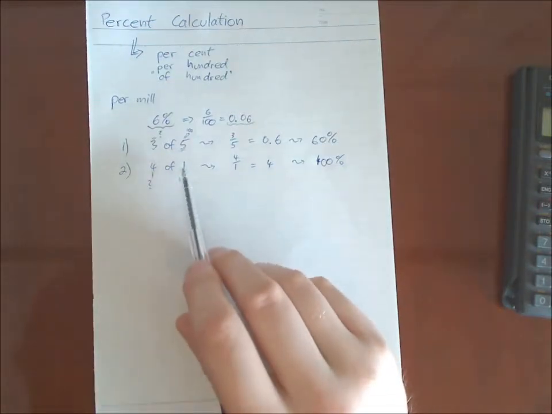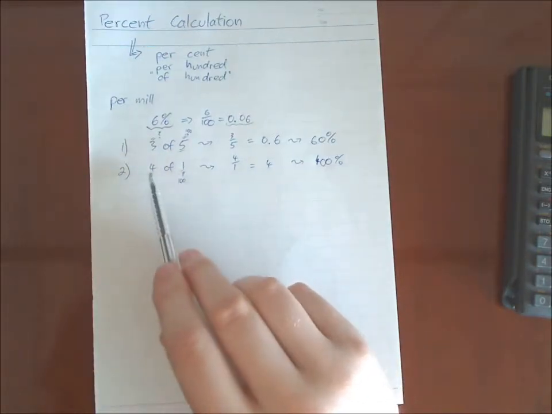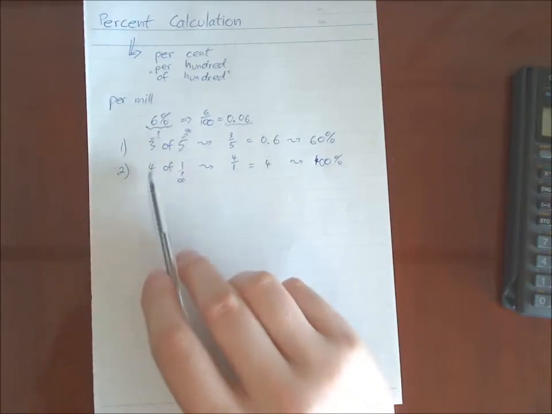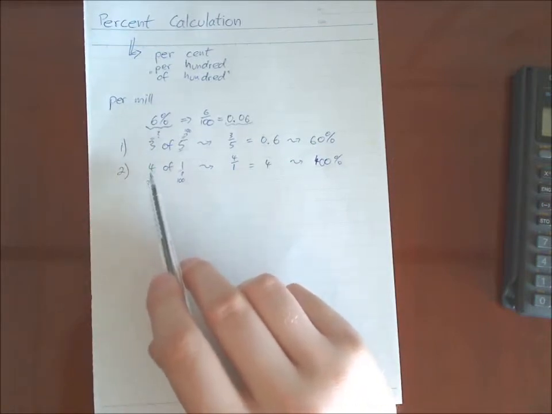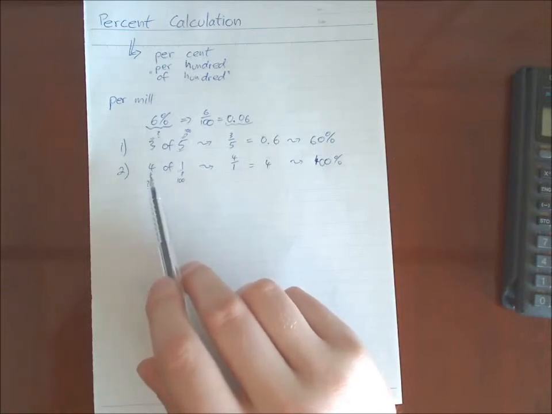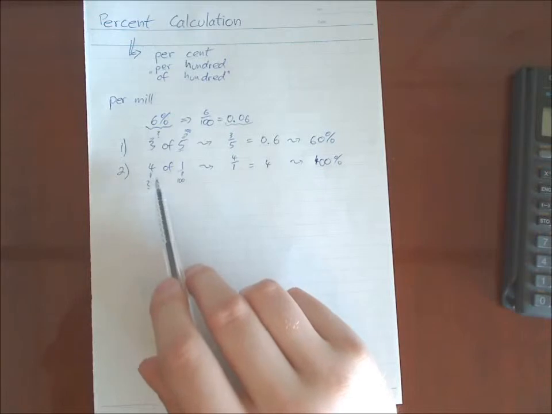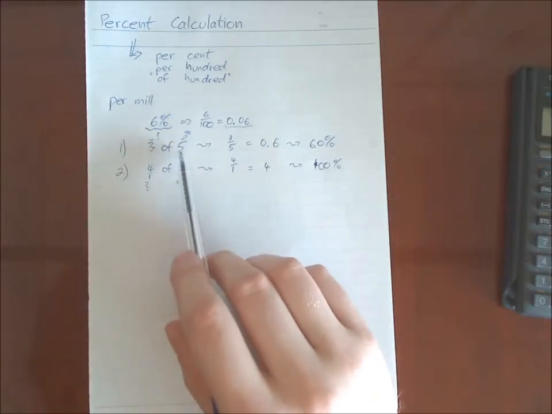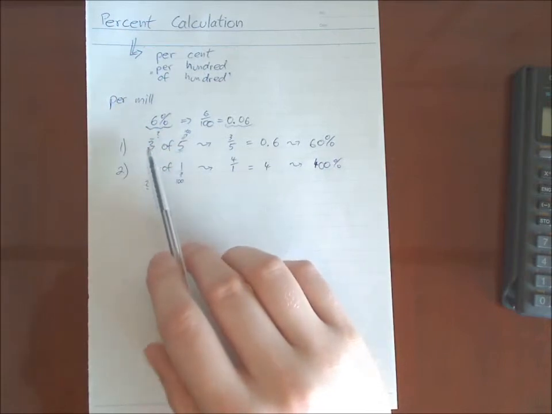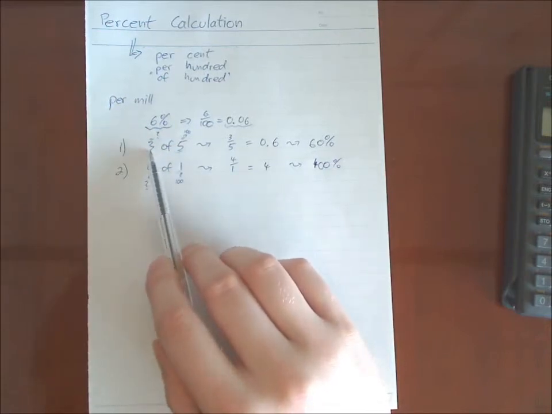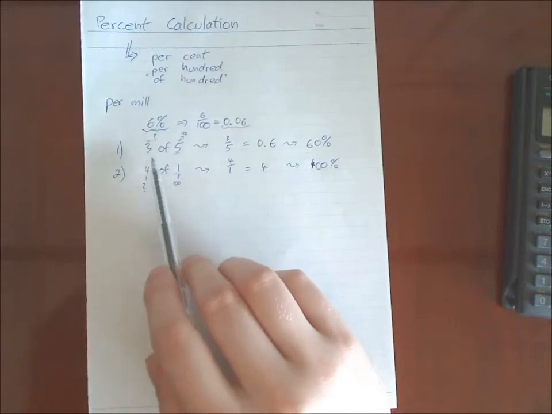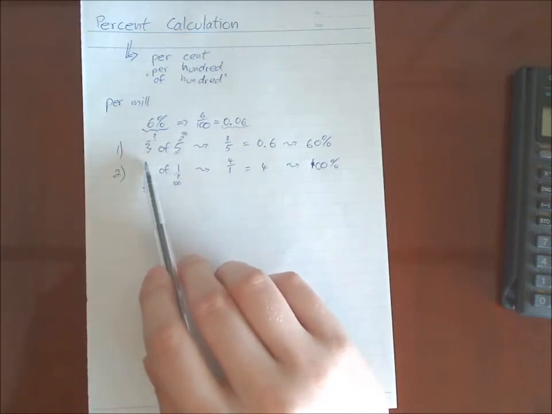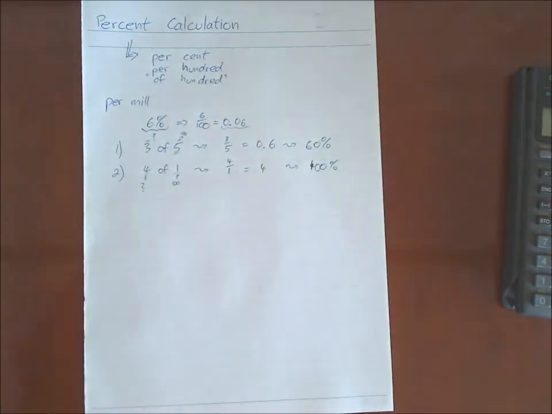If first you have a salary of 1, then afterwards you have a salary of 4, you can say you have 400%, before you had 100%, and so it's increased by 300%. And the same thing here, maybe before you had a salary of 5, afterwards you have a salary of 3, so what is the salary afterwards as a percentage of the salary before? In this case, as we calculated, it's 60%.